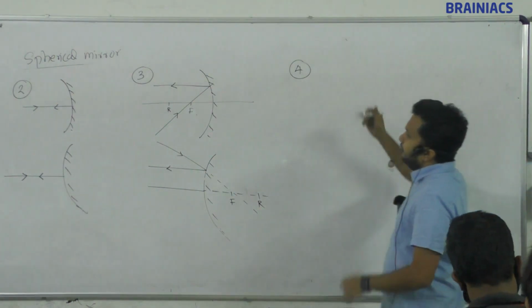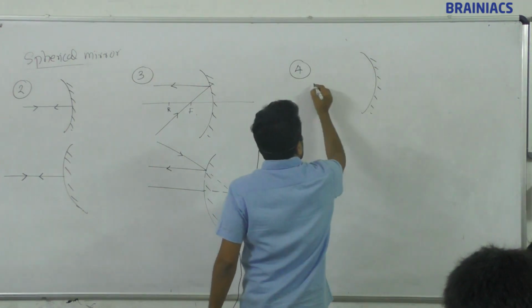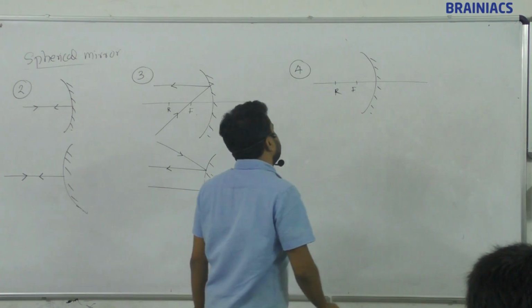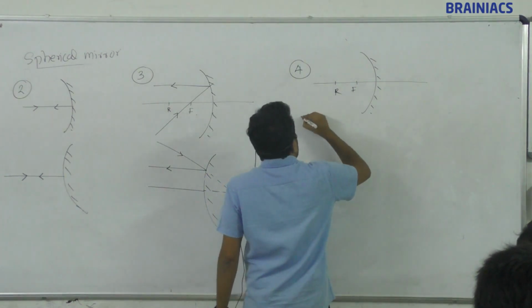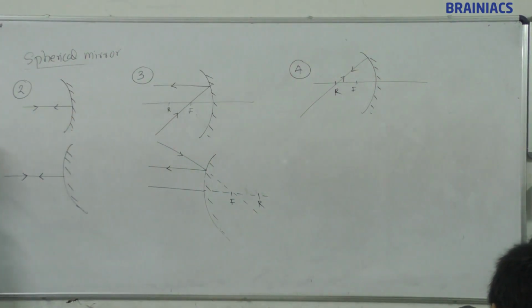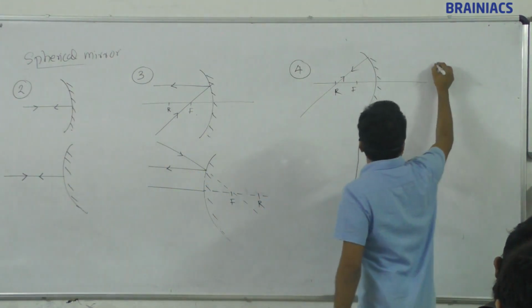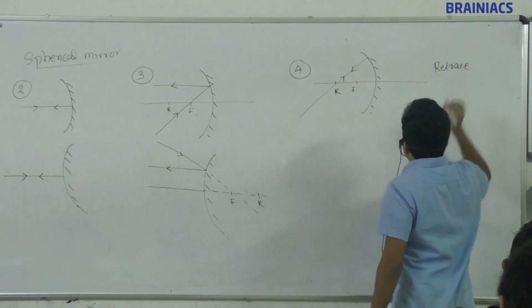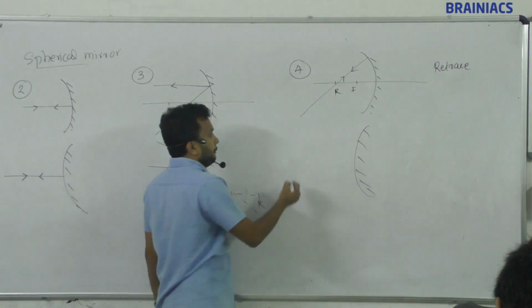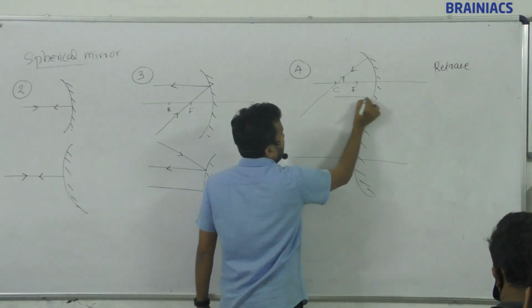Then the fourth rule: if a ray passes through the center of curvature, then after reflection it retraces back. Retrace means the same path. This is called the center of curvature, and the distance is called the radius of curvature.